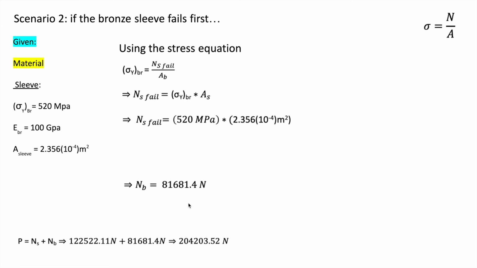So the normal force of the sleeve is going to be 122,522.11 newtons. And then we're going to use our NB equals 2/3 NS equation again to find NB. Now we have NS and NB. So we're going to plug those into P equals NS plus NB, and we'll get 204,203.52 newtons.